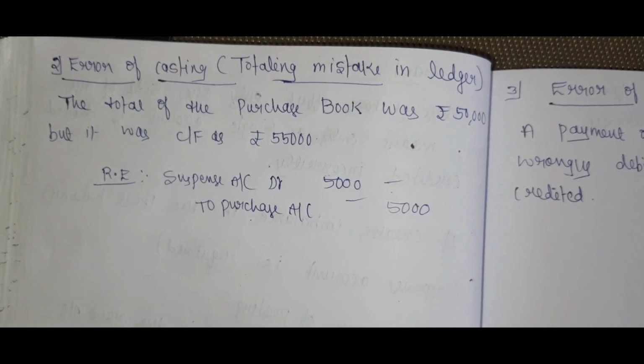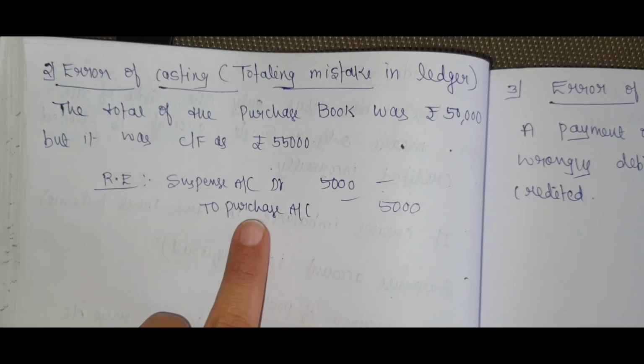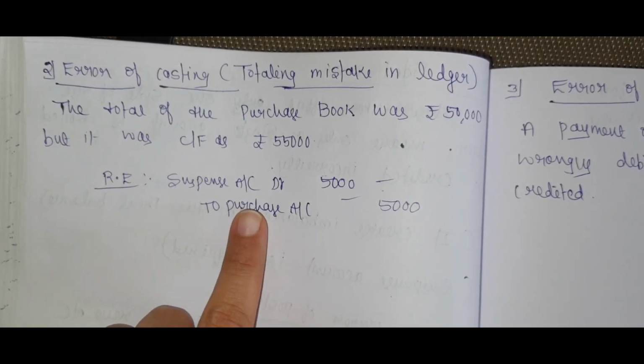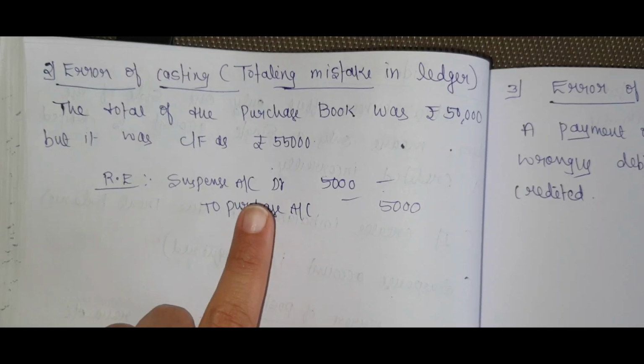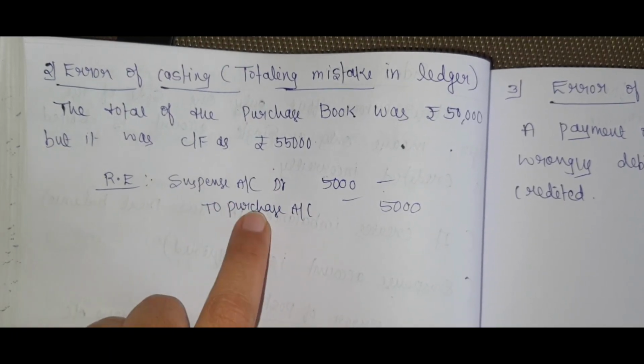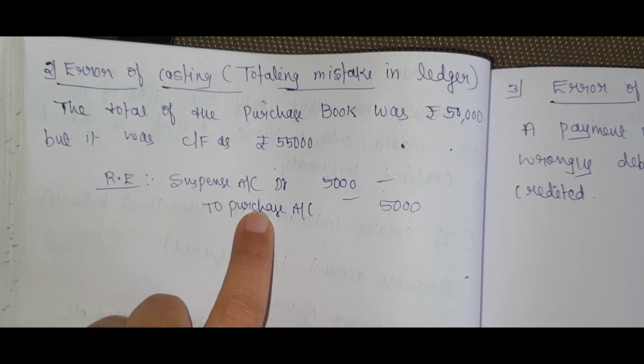So remember one trick here. In the normal journal entry, we will debit the purchase account. But in overstate, meaning the one-sided error, we need to credit, just exactly the opposite. Only in the case of overstate. But in the case of understate, we need to debit the purchase account.